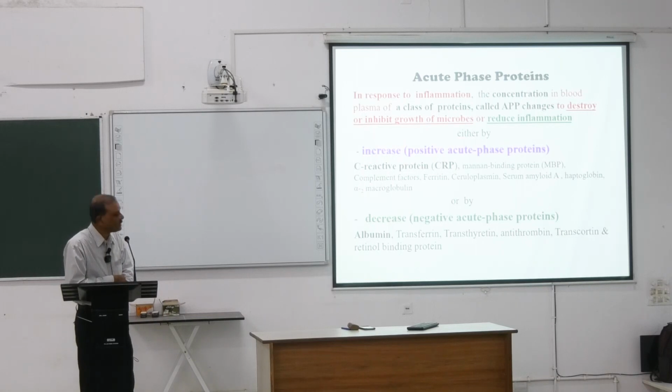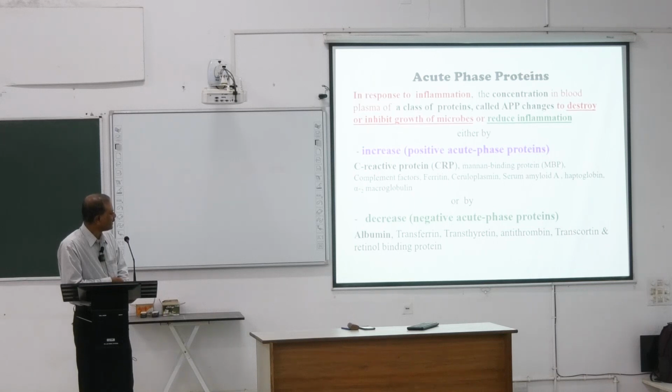When it is an increase, that is called an acute phase protein. And C-reactive protein, you will do in almost every case to monitor the progress of the disease, whether the patient is responding to treatment or not. There are other complement factors and acute phase proteins, but these are not really done. These are done for some other purposes, but these levels are also increased.